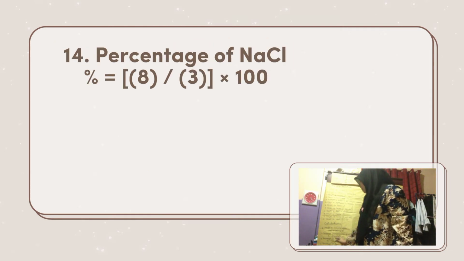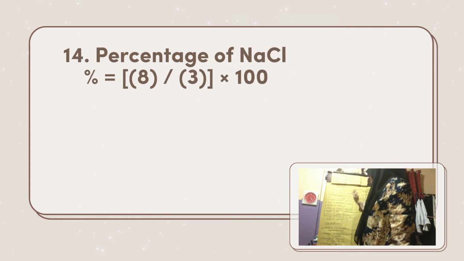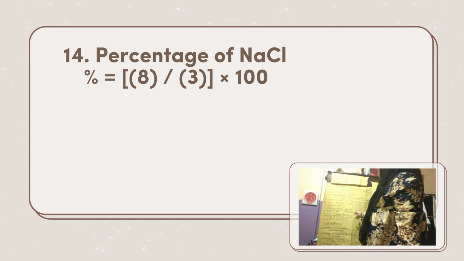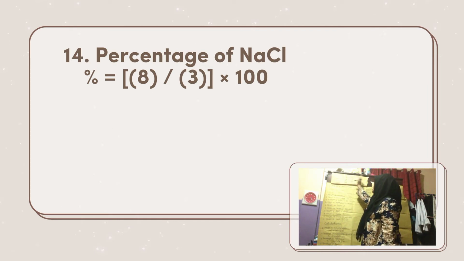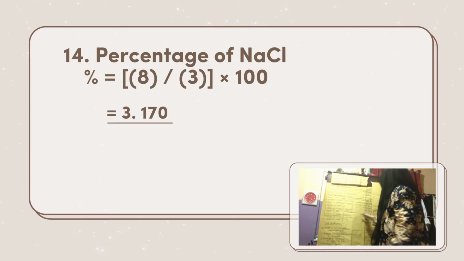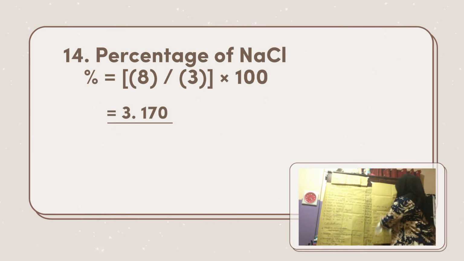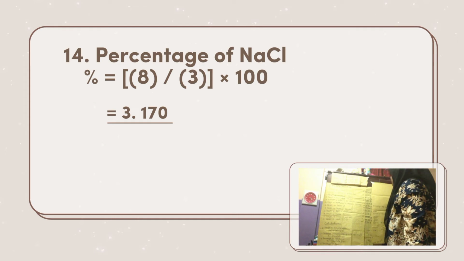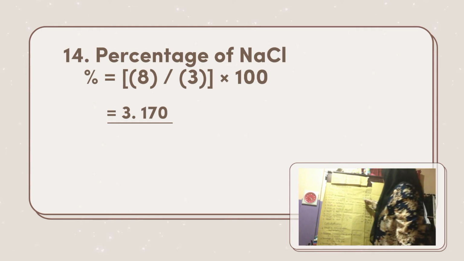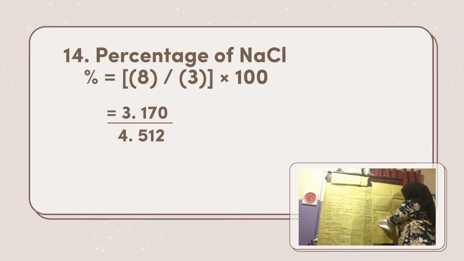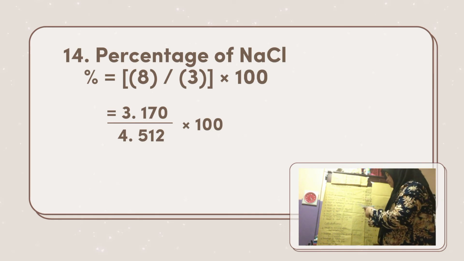Then the same process for the percentage of sodium chloride, the percentage of each component in the mixture: 3.170 divided by number 3, our mixture, 4.512, times 100. Then we have 70.26%.